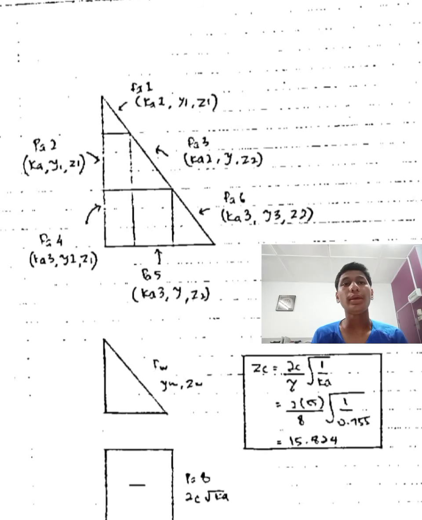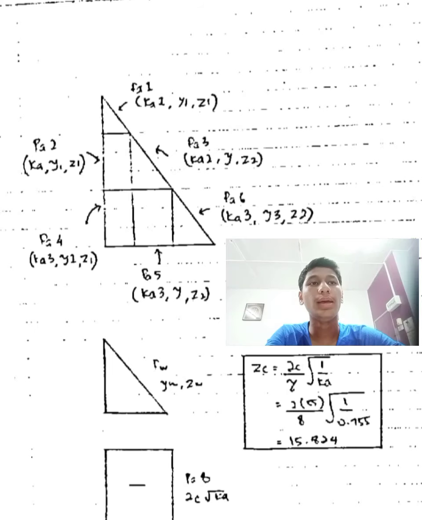Okay, from UD1 and UD2, we will separate it more specification, where PA1, PA2, PA3, PA4, PA5, PA6, PW and PAX.